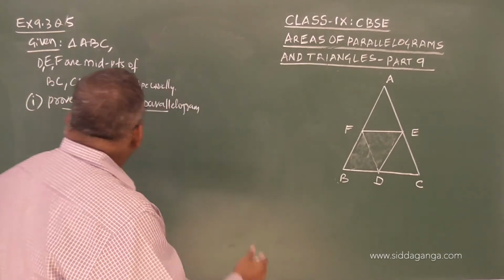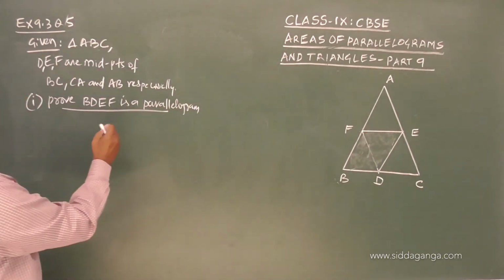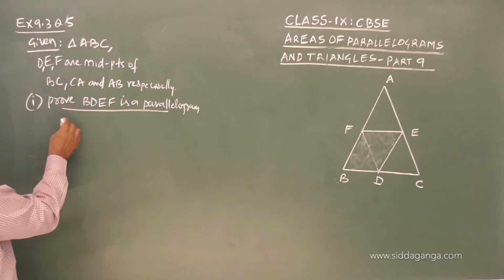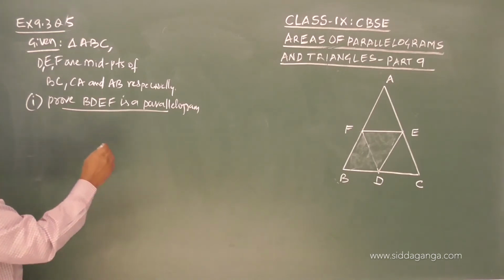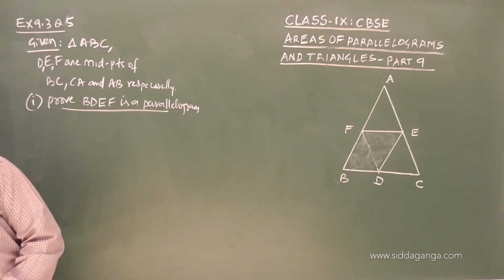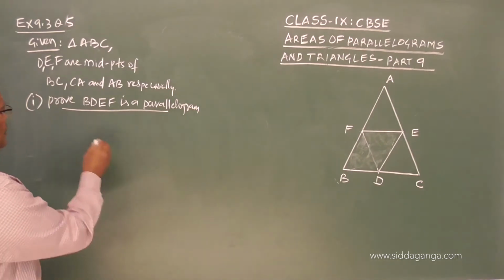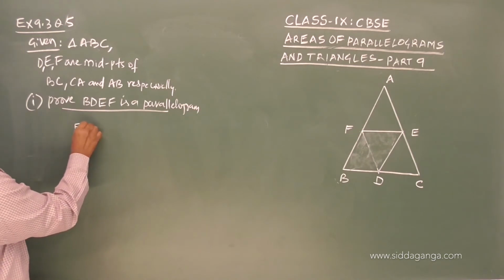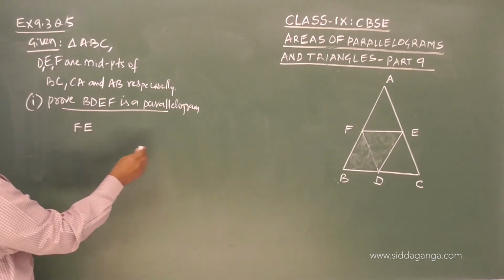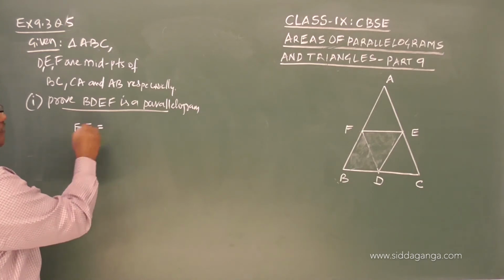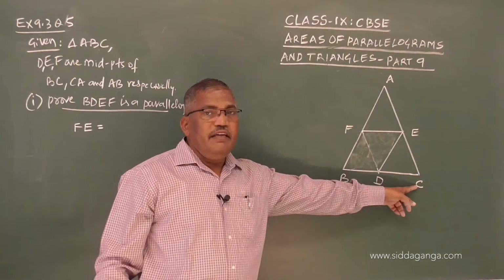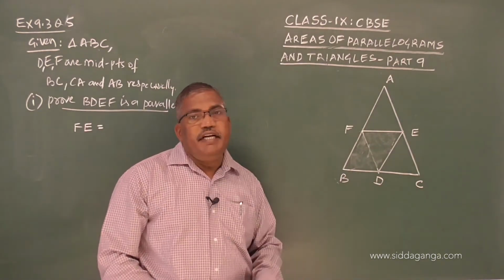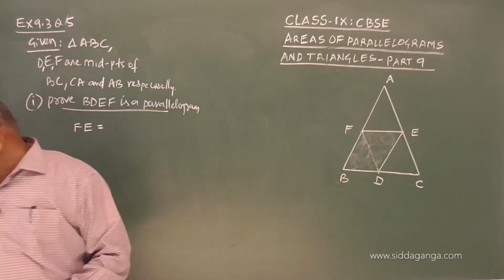Now, by the midpoint theorem, which we are familiar with, FE is equal to half of BC, and half of BC is BD.